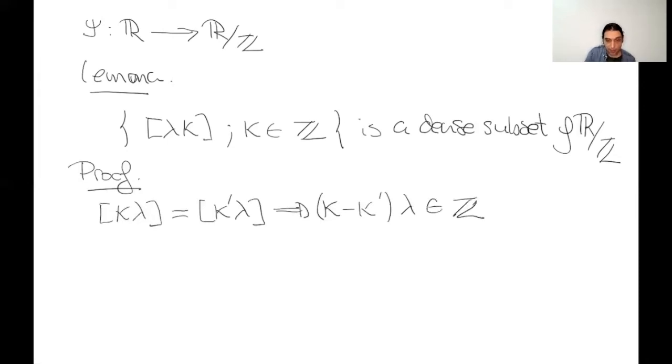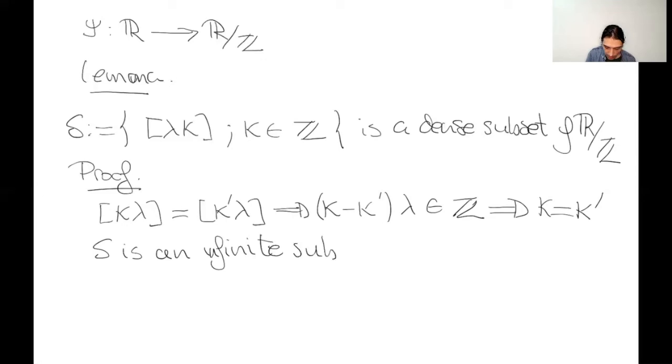But if k is different than k prime, you can actually write down lambda as a quotient of two integer numbers, and that would prove that lambda is rational, which is actually not the case. So k equals k prime. So if we call this set over here S, what our first argument is actually proving is that S is an infinite set.